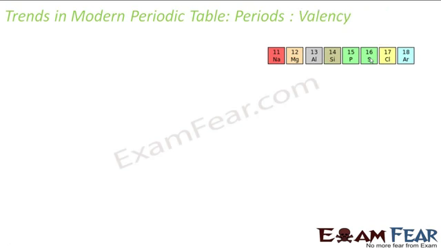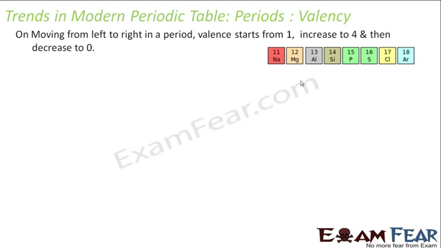If you talk about valency, the valency increases from 1 to 4 and then decreases. Valency is the number of extra electrons an atom has, or can take. Sodium has 1 extra electron, so valency is 1. Magnesium has 2 extra electrons, aluminum 3, silicon 4.